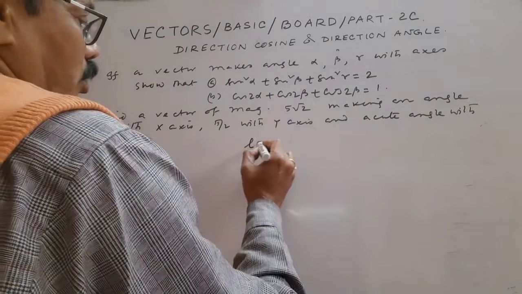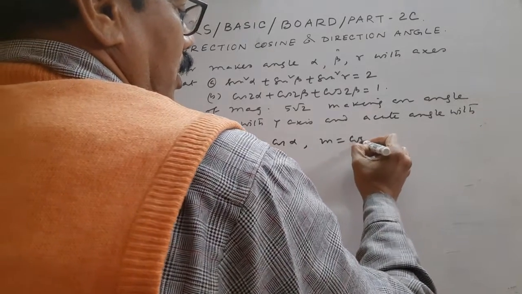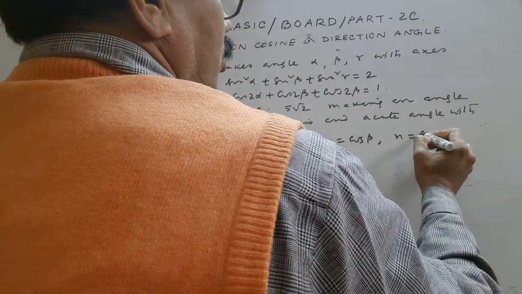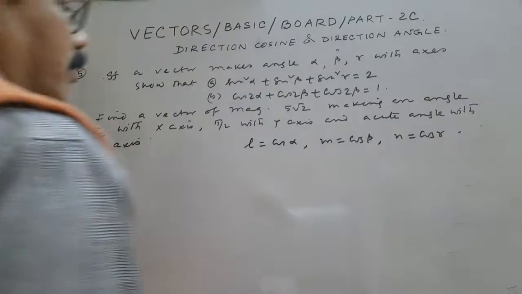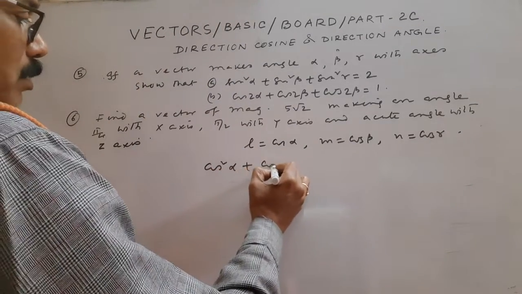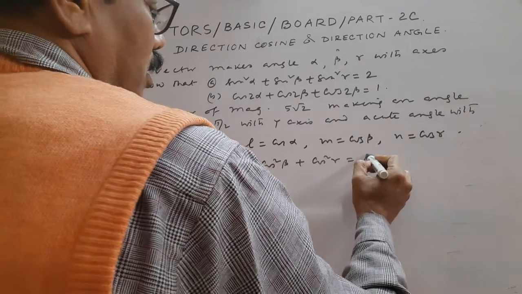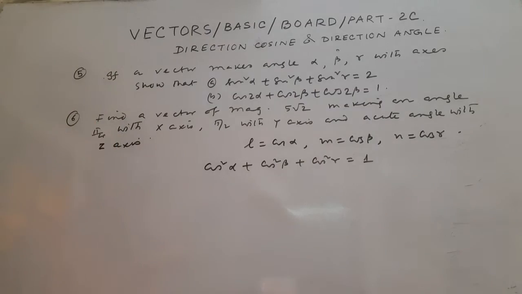So l equals cos alpha, m equals cos beta, and n equals cos gamma. It is given, and we also know cos square alpha plus cos square beta plus cos square gamma equals 1. So this is our property.